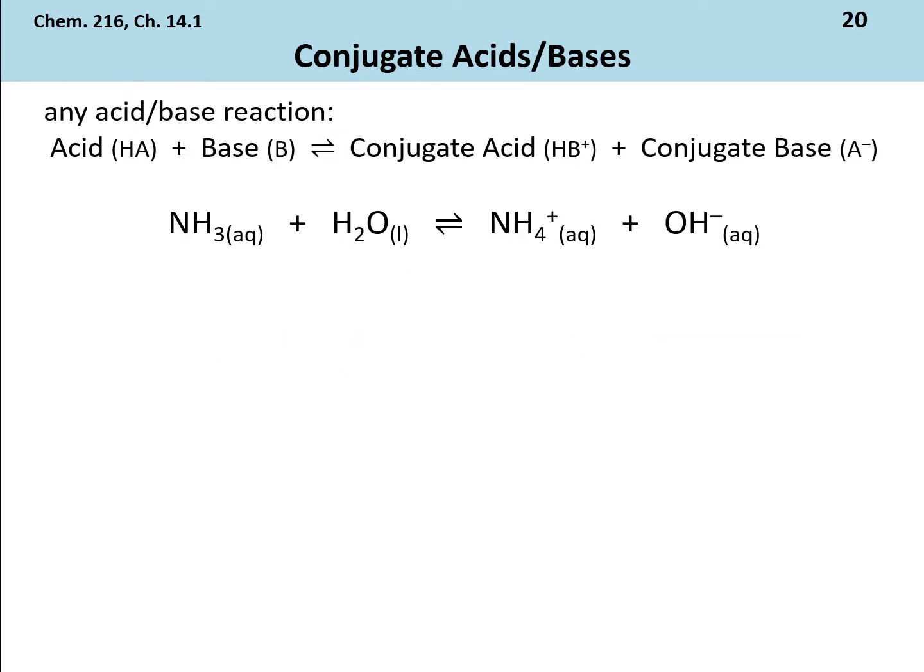So let's look at some reactions and determine what our acid, base, conjugate acid, and conjugate base are. Notice I put an acid plus base; it doesn't necessarily have to be in this order. Let's do this on the board.